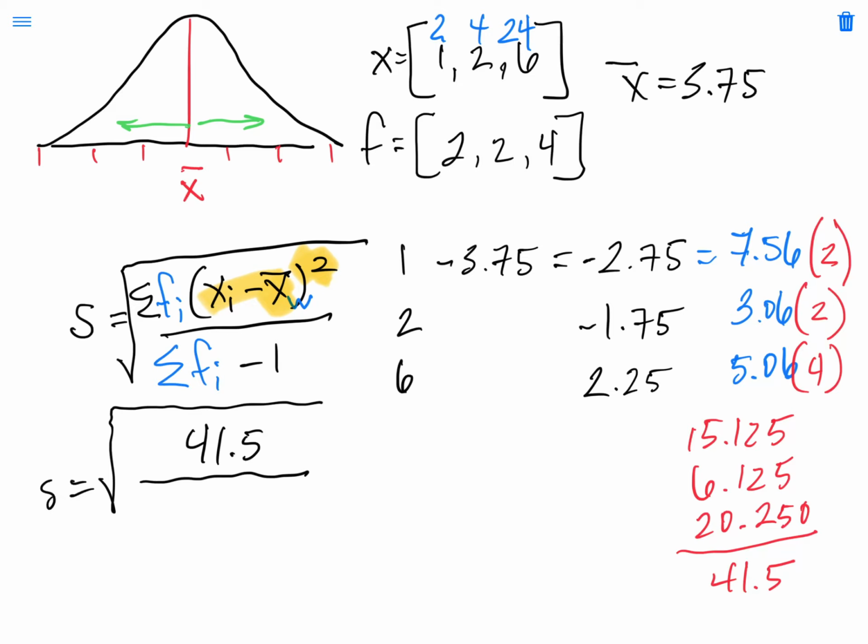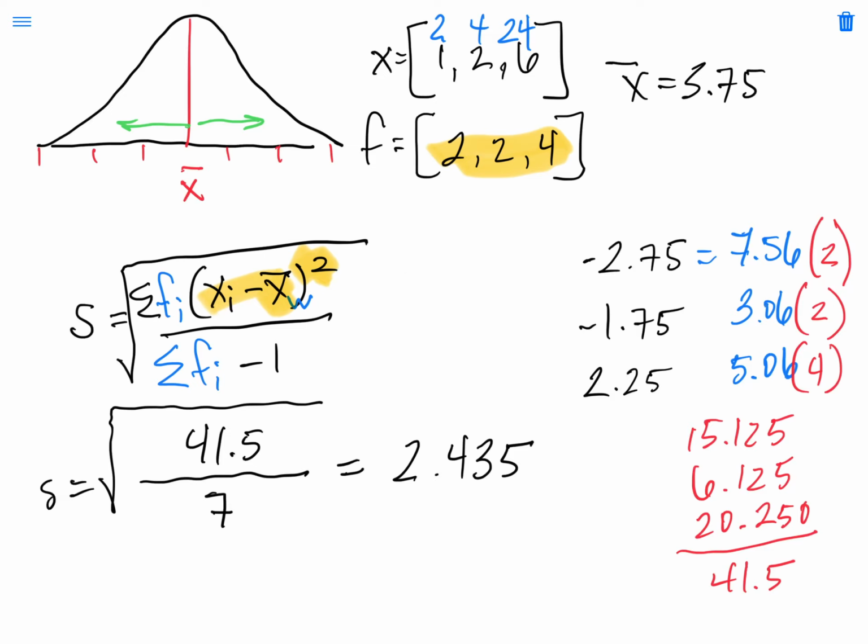The denominator is the sum of our weights, which sums to 8, minus 1 is 7. So we have the square root of 41.5 divided by 7, and that answer is 2.435.